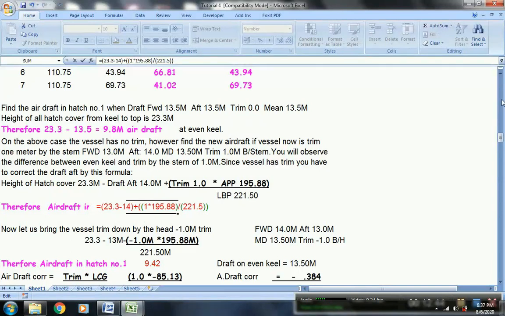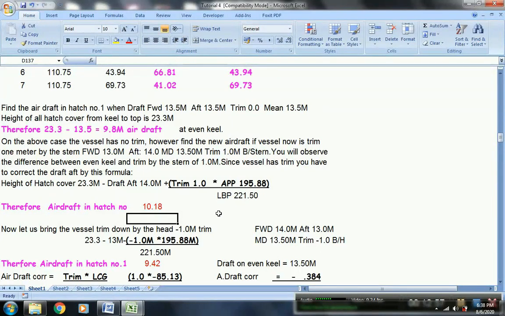Then you have to enter. Then you get the answer 10.18 meters. This is the airdraft in hold number 1. So at even keel, the airdraft is 9.8. When there is trim, the airdraft now in hold number 1 is 10.18. So there is at least about a 0.4 meter difference.